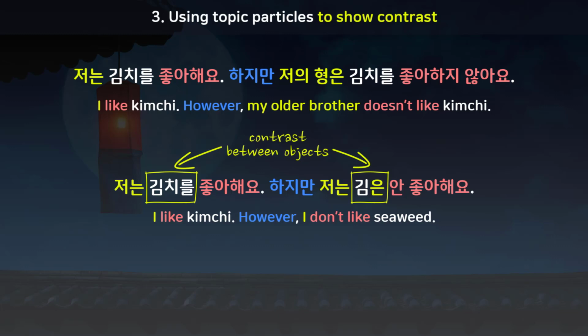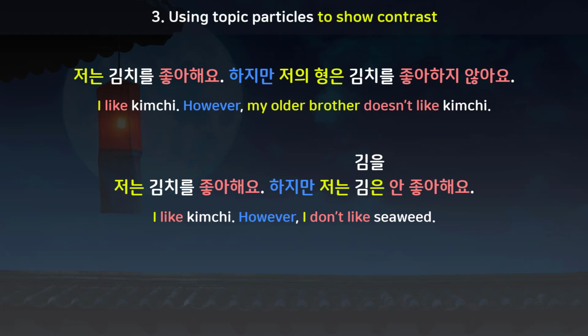So to show this contrast of how I like one and not the other, we've used the topic particle in the second sentence with the object kim instead of object particle 을. So when we show contrast between objects of verbs, the topic particles replace the object particle in the second sentence.